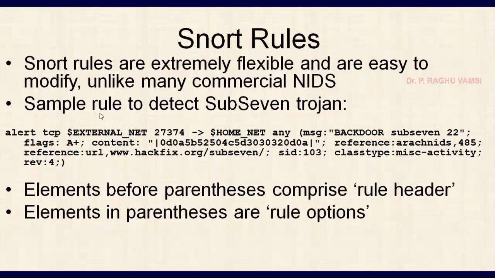So you can define the external network and the port number from which the request is received, and the home network. You can define a home network on the 172 series or 10 series, whatever it may be, coming to any port. Then within the brackets you write msg, that is the message: backdoor sub7 22, flags A+, and content, which is the packet structure content in hexadecimal form.